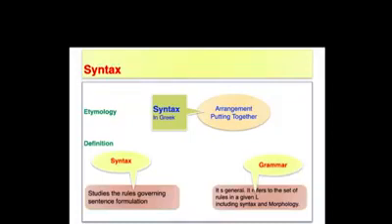So grammar deals with the general rules, not only the rules that govern the way sentences are formulated, which is the concern of syntax.